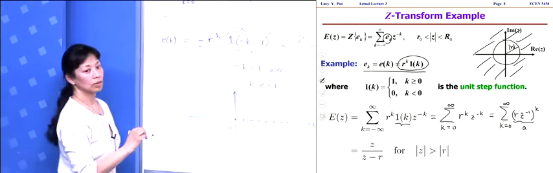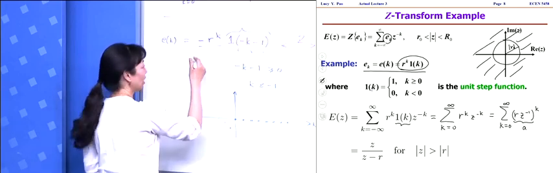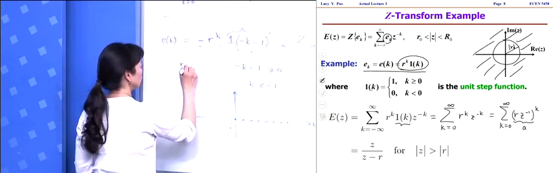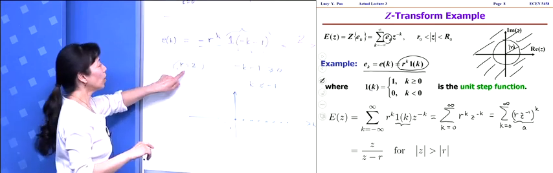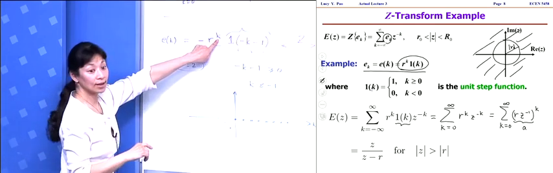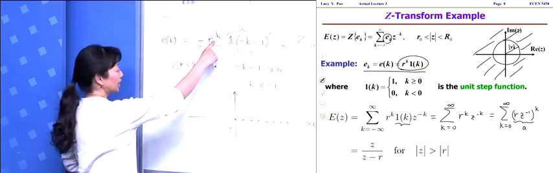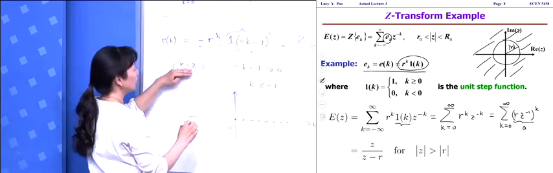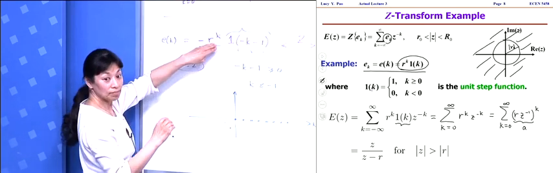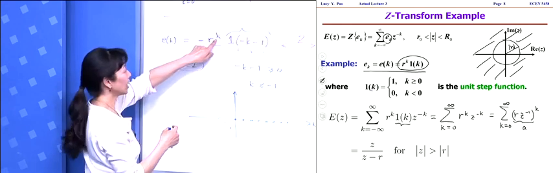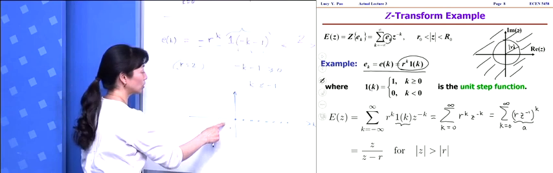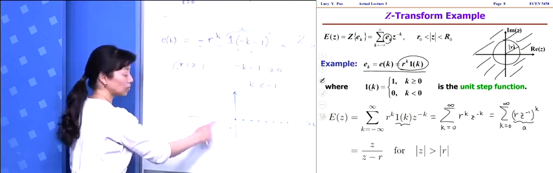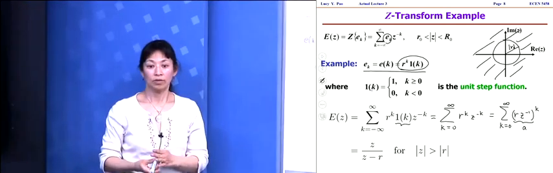Oh, wrong way. So what I plot is R is equal to 2, right? So it can be confusing. So R is equal to 2 because K is negative. So when K is minus 1, we have 2 to the minus 1, which is a half. When K is minus 2, we have 2 to the minus 2, which is a quarter, et cetera. And then you have that minus sign, so it's a negative sequence.